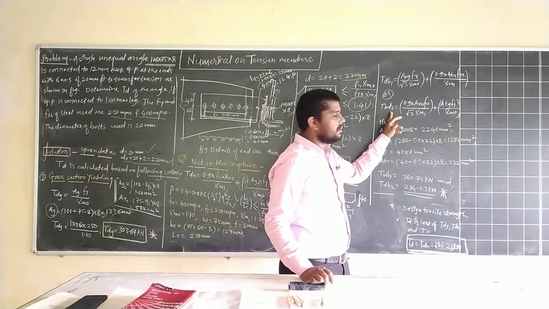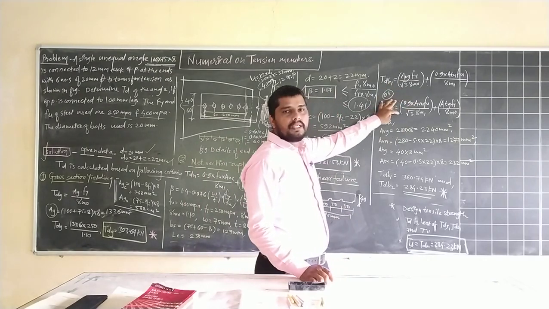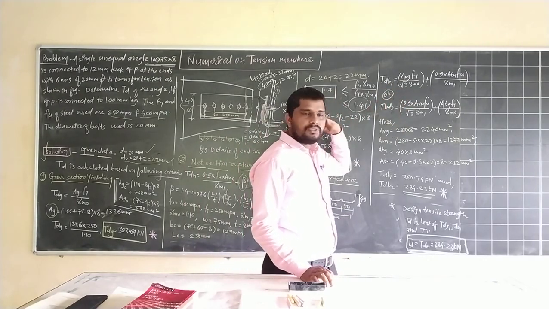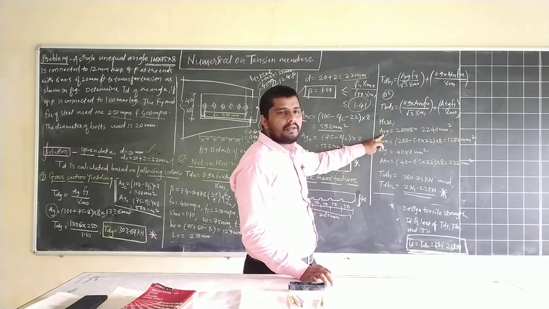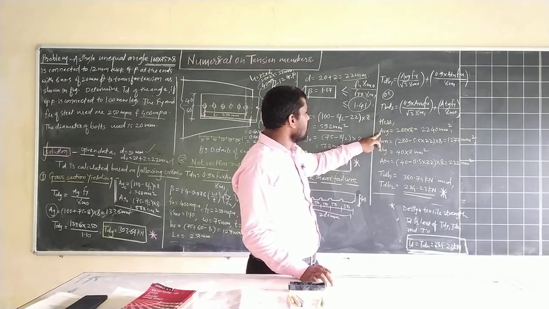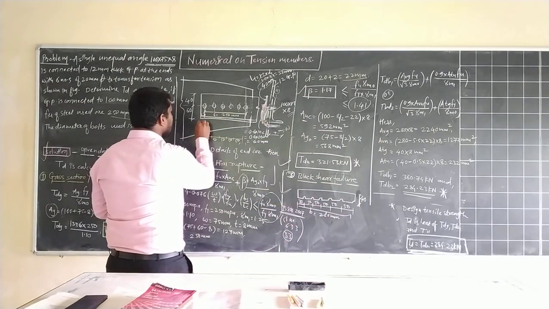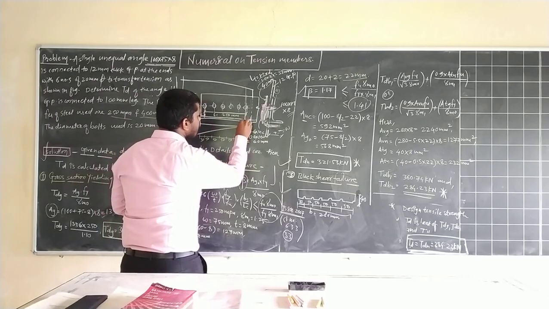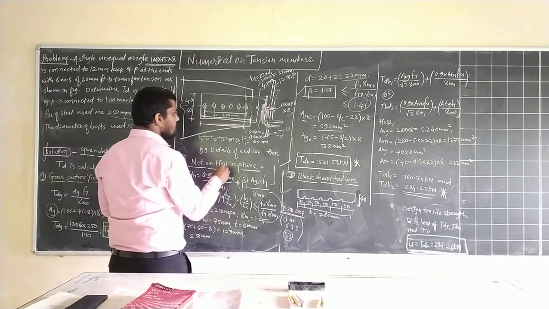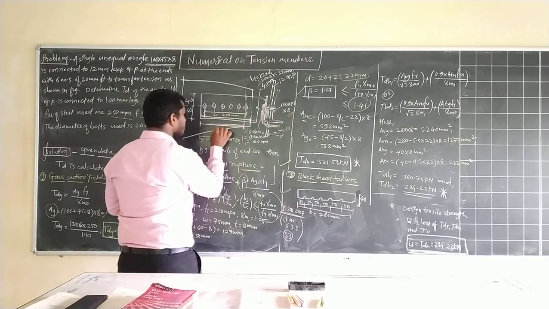So TDB1 and TDB2. We have already gone through this equation in the last numerical. So here we are going to find out the gross shear area. How are we going to find it? From the edge or end distance to the last bolt, this horizontal or longitudinal section in the direction of force is called the shear area.